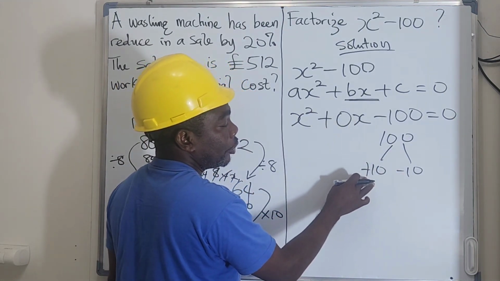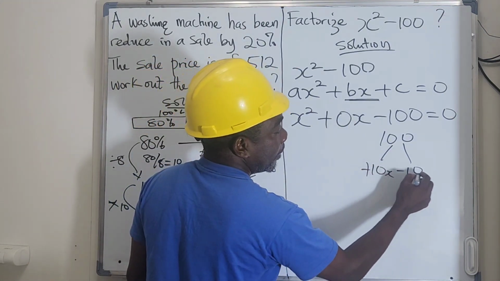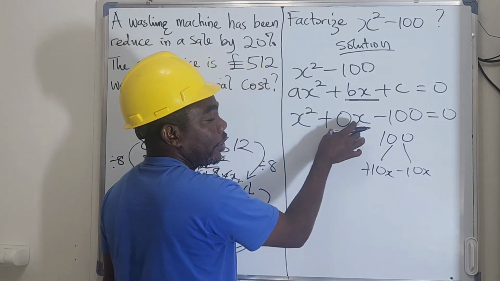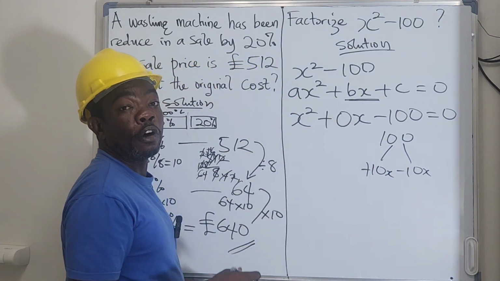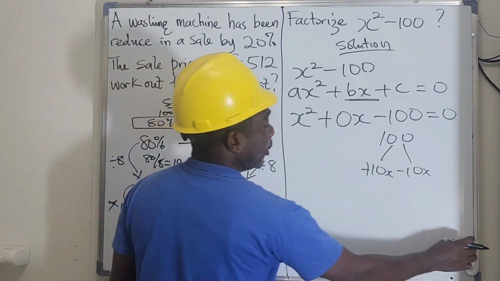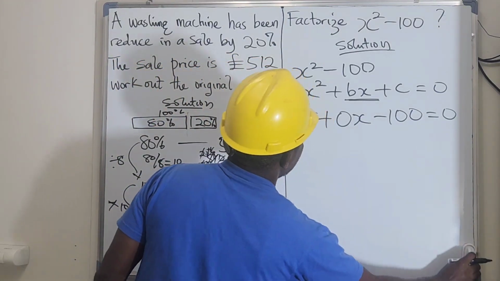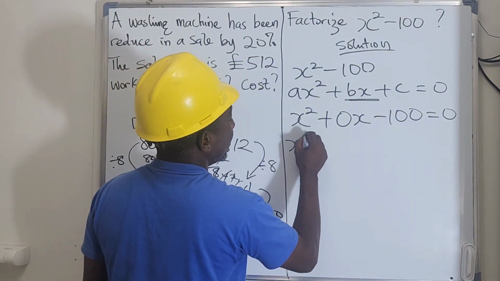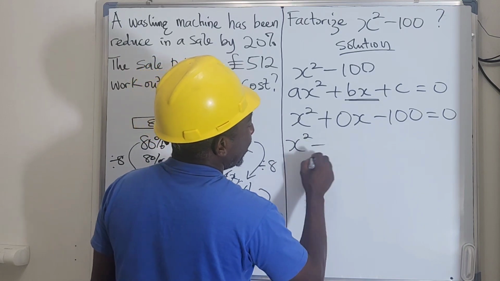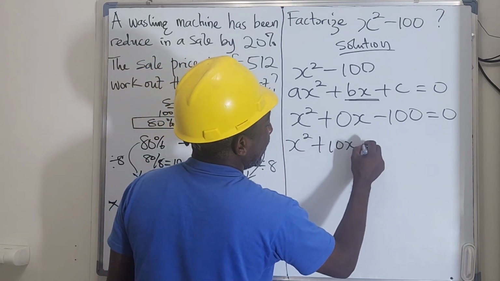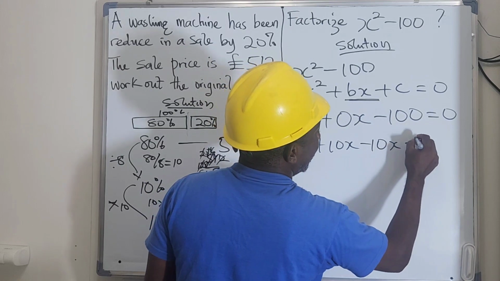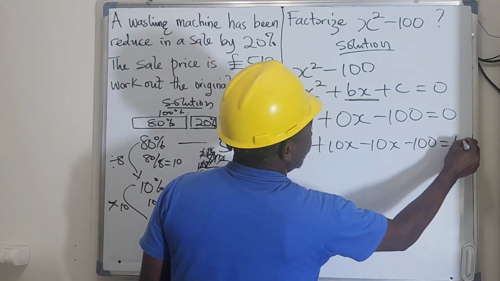So we substitute 10x minus 10x in place of 0x, giving x squared plus 10x minus 10x minus 100 equals 0.